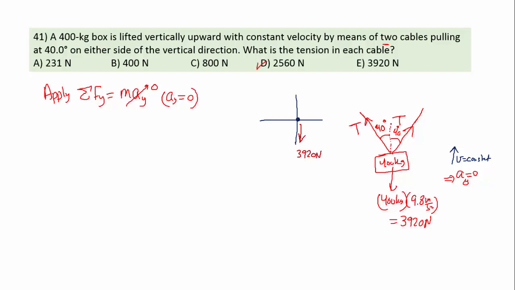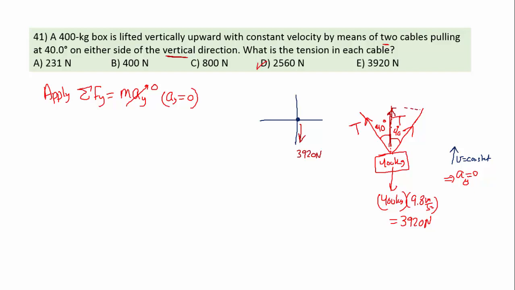Notice the y component of the tension will be adjacent to the angle, and the same thing for the other one. It will be T cosine 40, because the 40 degrees is with the vertical direction. So be careful about that by observing which angle we are talking about.